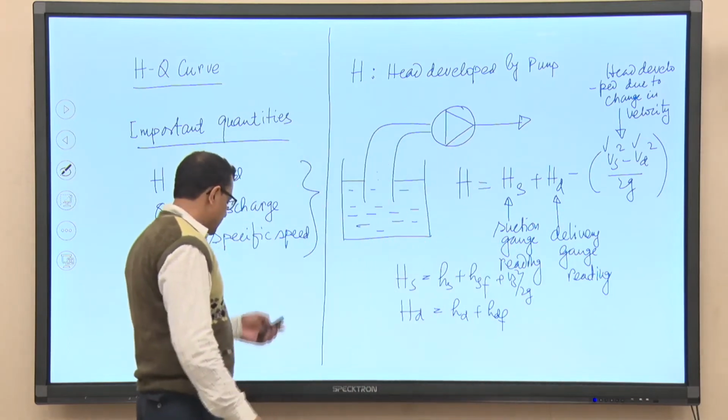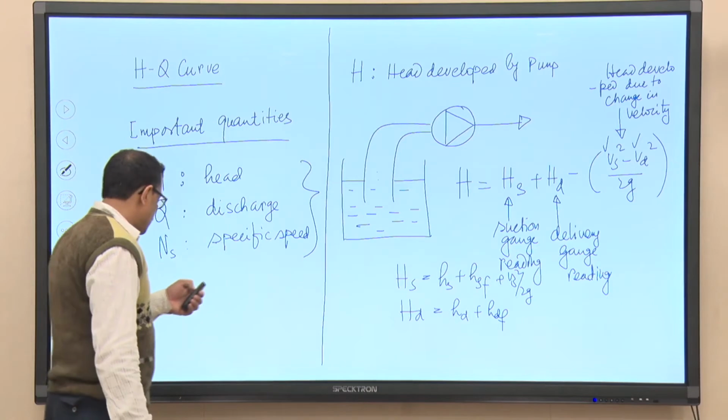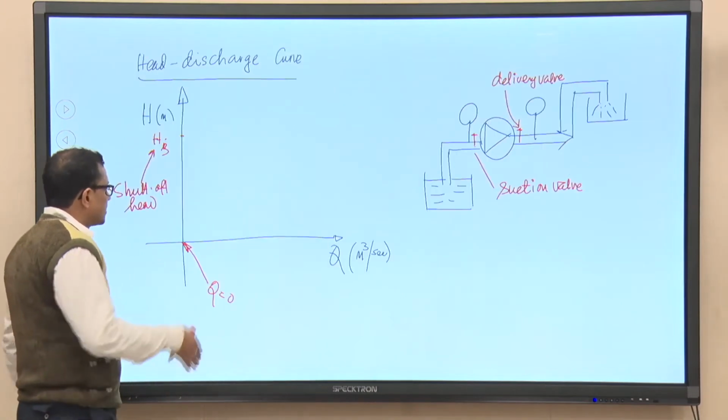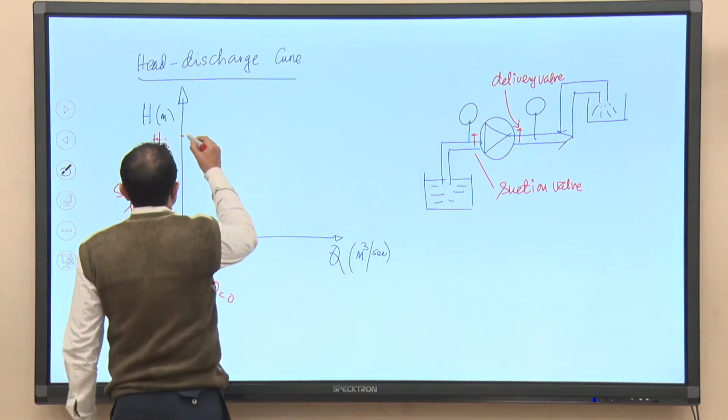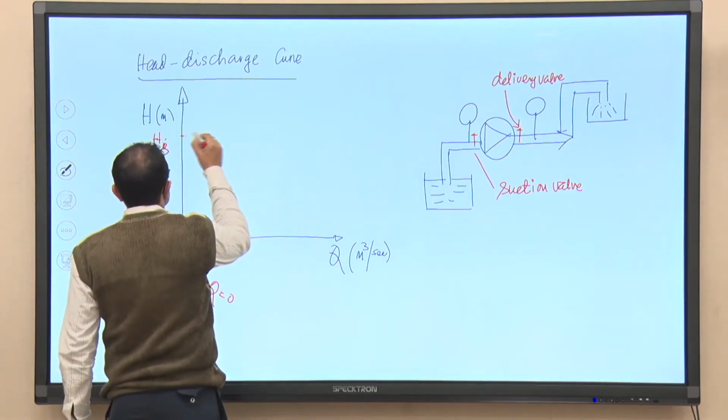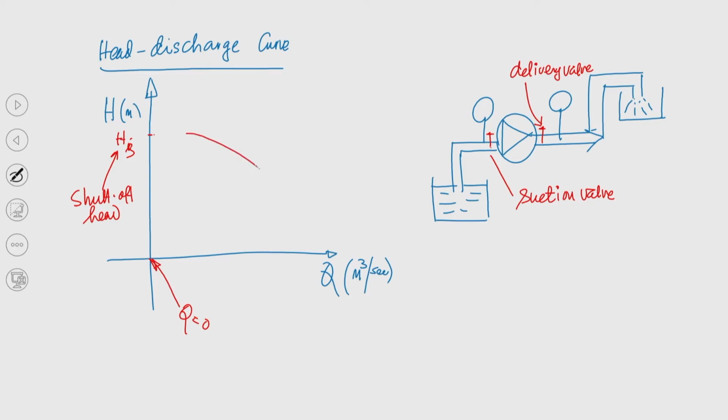So, we will get a curve like this, right, and this is the pump's own characteristic. So, if we keep on increasing the flow rate, the total head that will be developed by the pump will reduce.